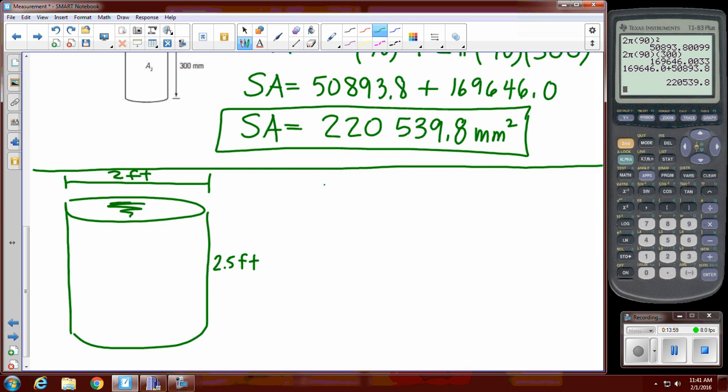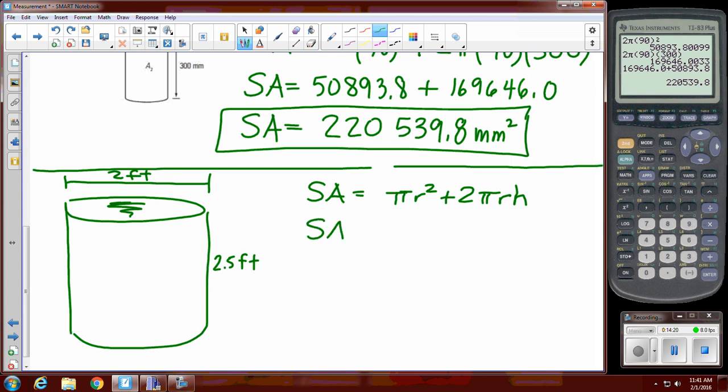So if my formula for surface area of a cylinder is 2 pi r squared plus 2 pi r h, and this garbage can doesn't have a top, it's just hollow, I just need to get rid of this 2 in front of this, because now I only have one circle, which is the bottom of the garbage can to look at.